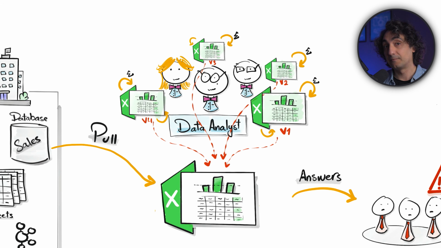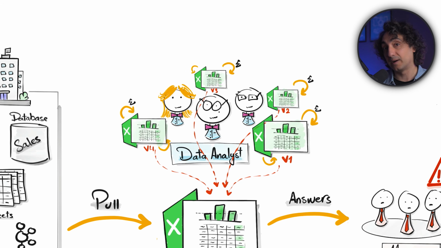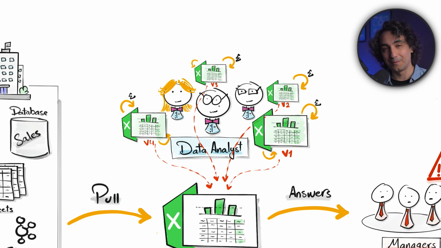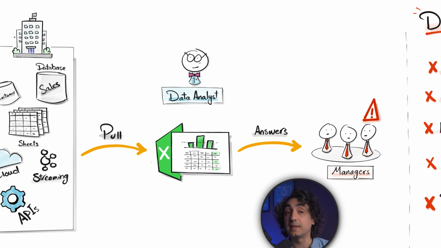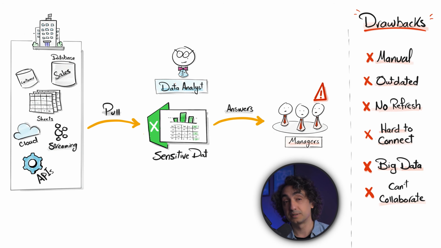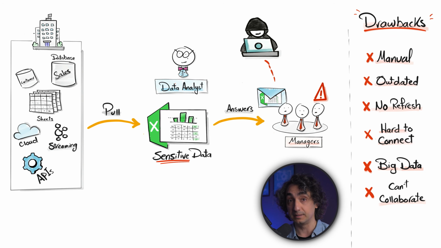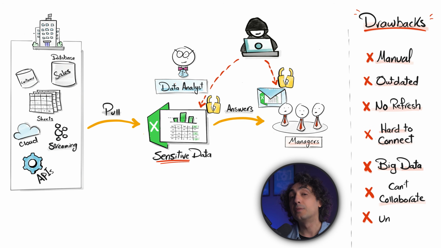So that means you're gonna have multiple versions of the same file, and good luck merging all that stuff back into one file. And another big issue using Excel files is security. The analysts or the managers might send the Excel files through emails, and those files could be storing sensitive data about the company, and it is really easy to hack the Excel files to get access to them, and they could easily end up in the wrong hands.